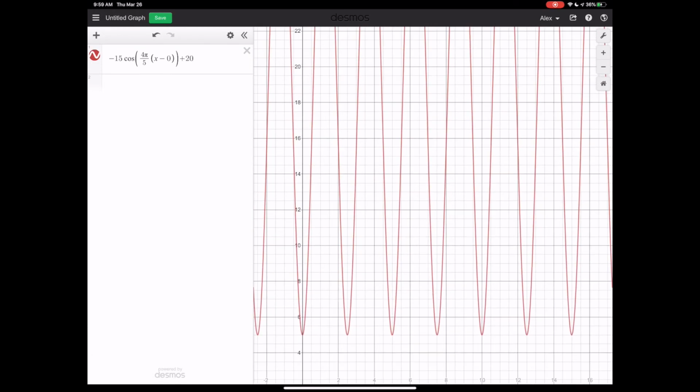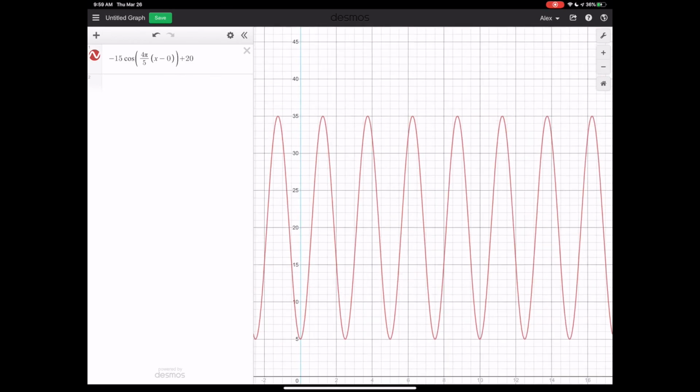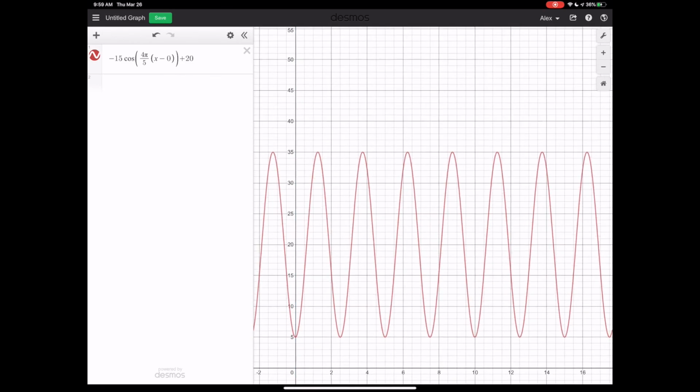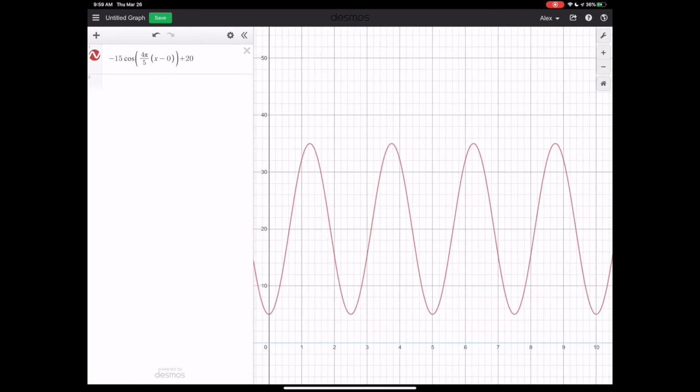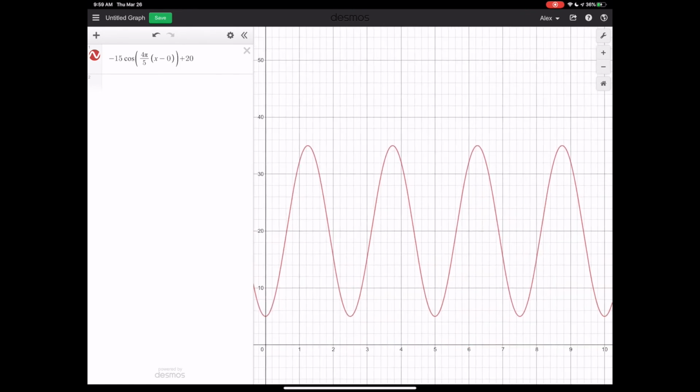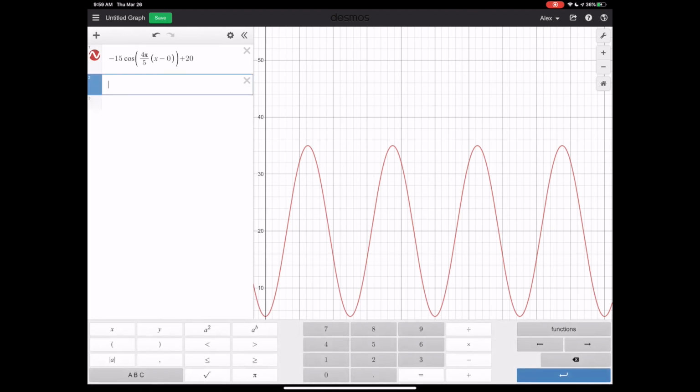Now if we look up here, I'm going to change the scale so we can see. We can even stretch it out a little bit, make it look a little closer to the problem. All right, and then what I want to do is figure out, where is this 25? Well, one of the nice convenient things that I can do with this in Desmos is I'm essentially saying, where is y equal to 25, and where would these functions intersect?